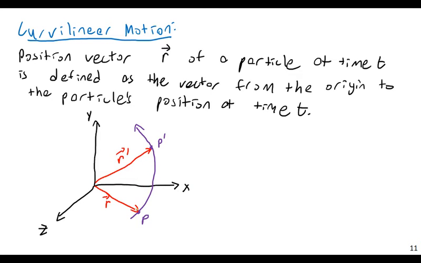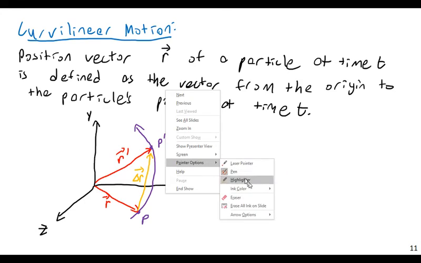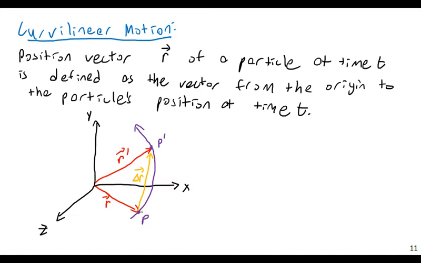In case you can't tell by my poor art skills, R, R prime, and delta R are all meant to be straight lines. This is delta R, the change in position vector. And then delta S is going to be the change in the actual length of the path this object will take.